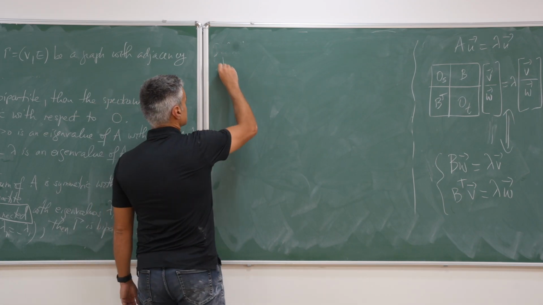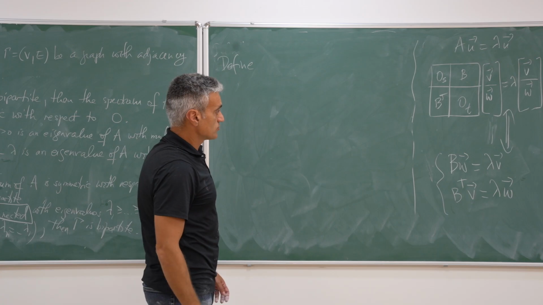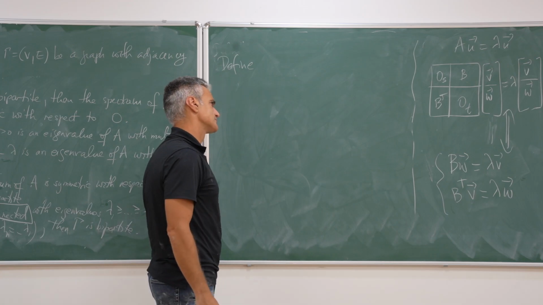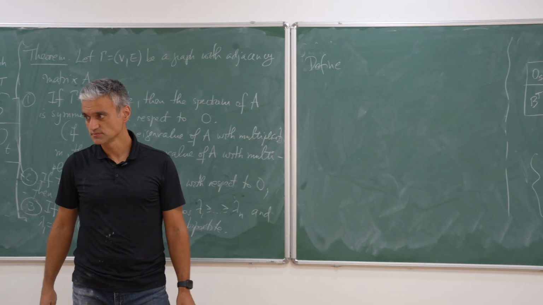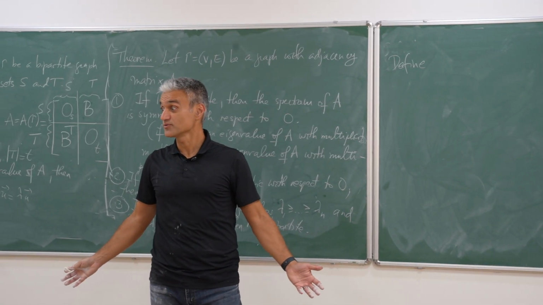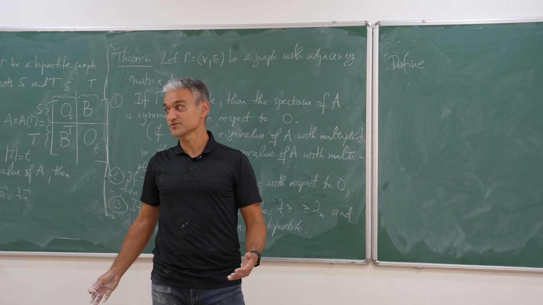So define, what do we have? We have u, v, w. What's a good name for a vector? After you use u, v, w, what are you going to use for a vector? We use x for vertices.